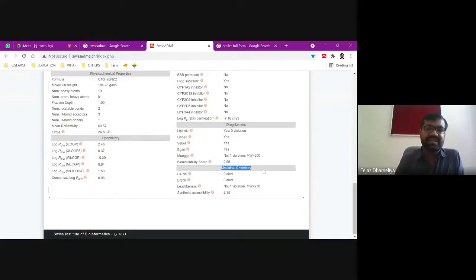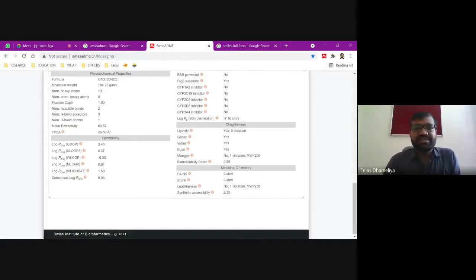All this can be calculated with the help of a single click. You know the formula, molecular weight, number of heavy atoms, including nitrogen, number of aromatic heavy atoms, some other properties which we discussed previously, number of rotatable bonds, hydrogen bond acceptors, hydrogen bond donors, molar refractivity, and topological surface area.